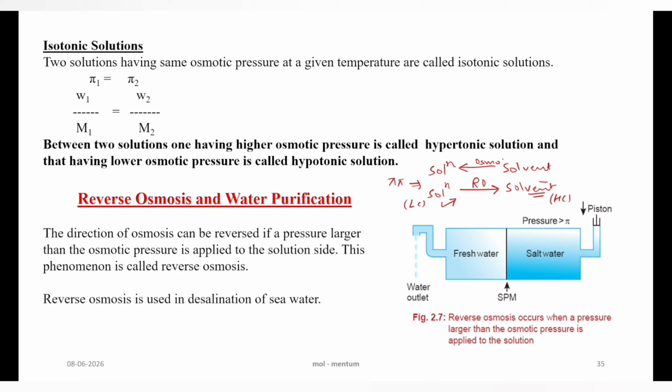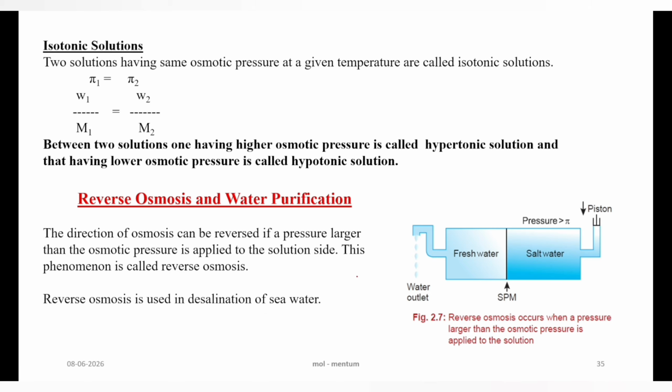So the direction of osmosis can be reversed if the external pressure applied is much higher than the osmotic pressure. This process is called reverse osmosis, and it is used for desalination, that is, purification of water.